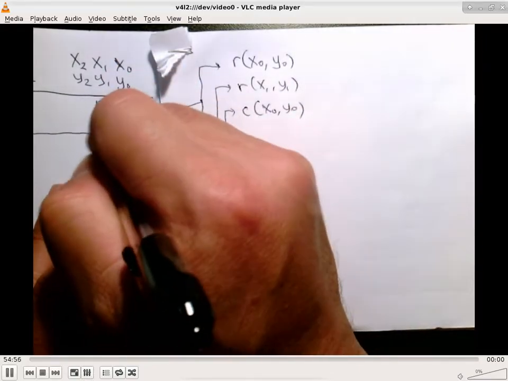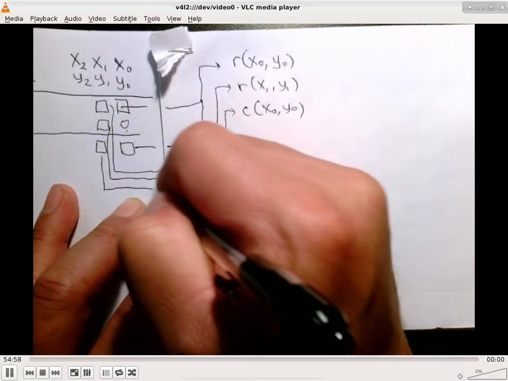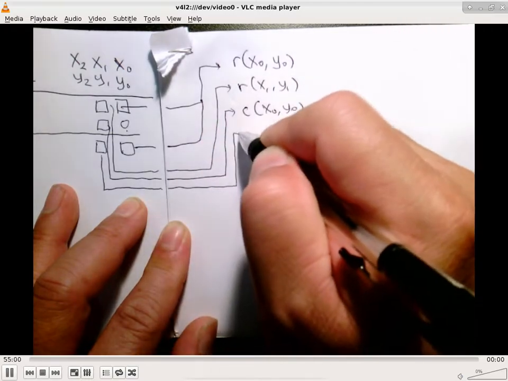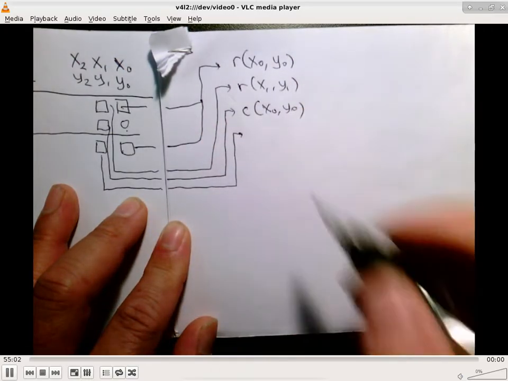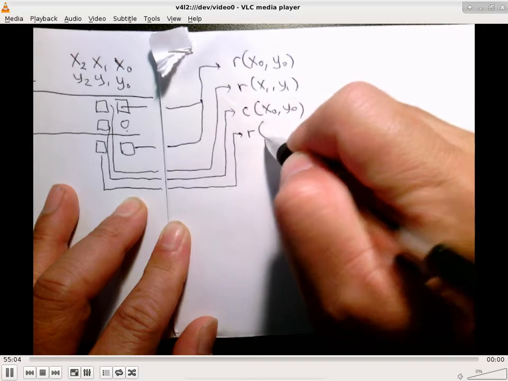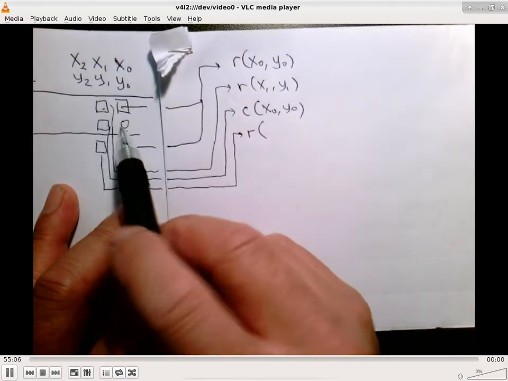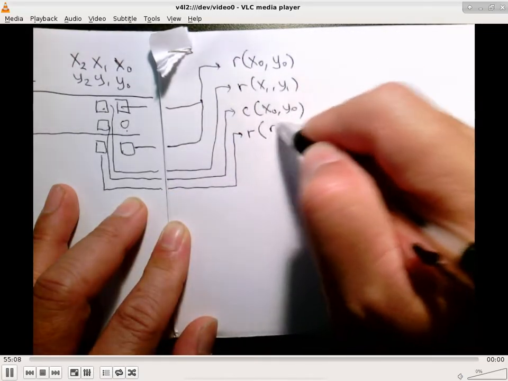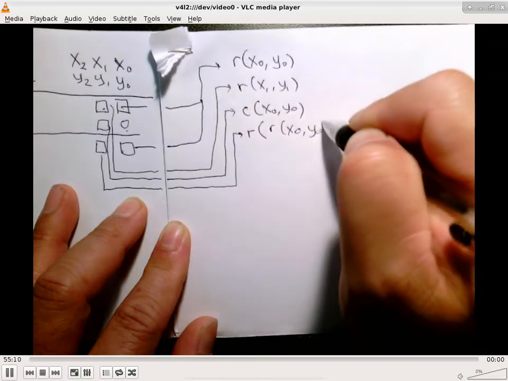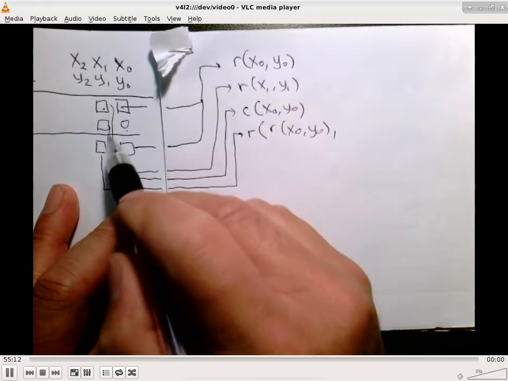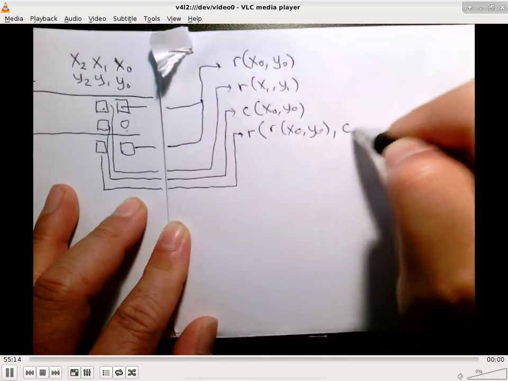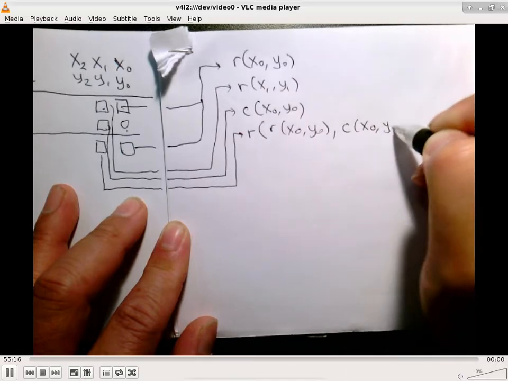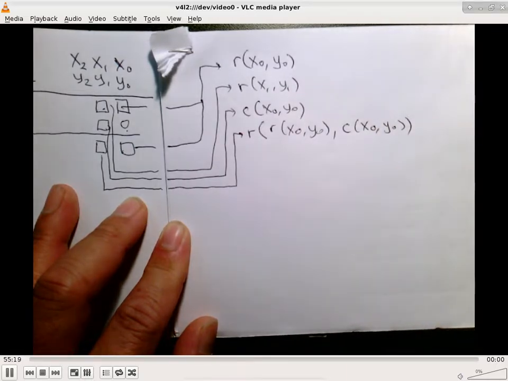So when we look at this, the actual digit in the sum, what is that going to be? It's going to be the result of adding this thing, which we know as R(x0, y0), with this thing here, which we know as C(x0, y0). Does that make any sense? Okay. What about this one here?